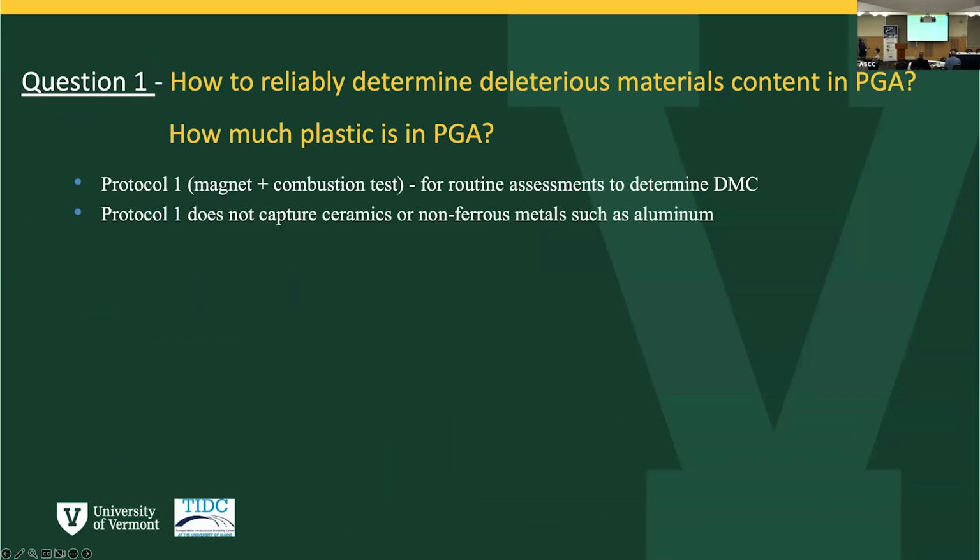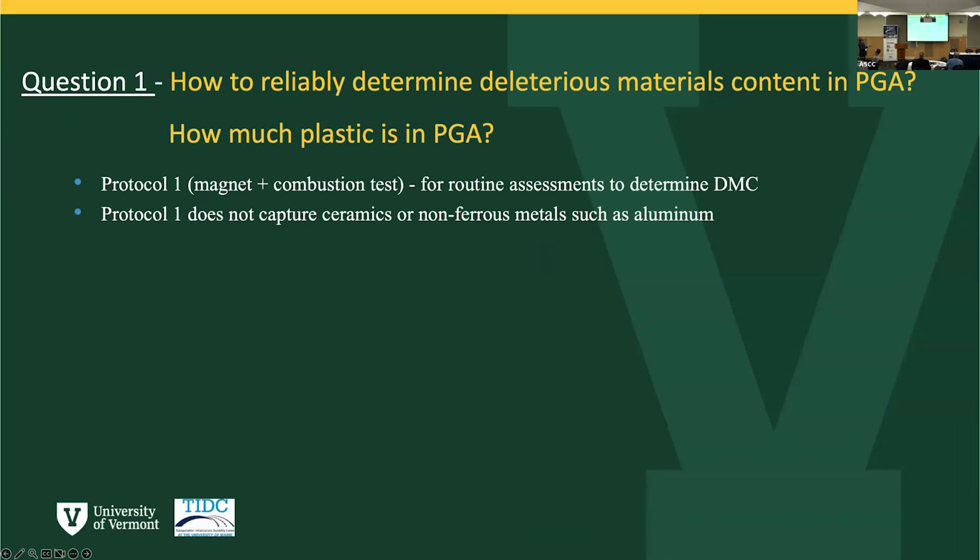So what we learned is that we recommend only protocol 1, which is the simple magnet test and combustion test, to get a good estimate of overall deleterious material content. However, it does not capture non-ferrous materials such as aluminum, but based on interviews with recycling facilities, they don't expect much metal in it.